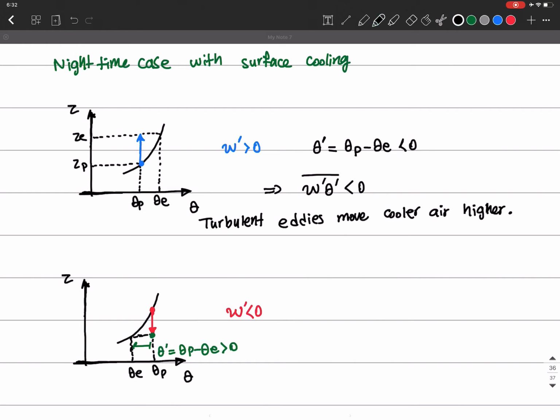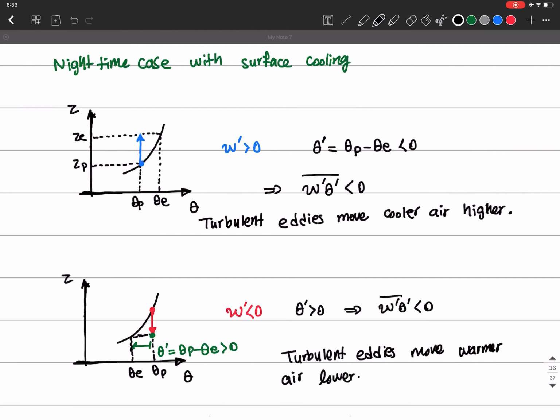So theta prime is positive, and W prime theta prime is going to be negative here again. And this means that the turbulent eddies move warmer air lower. Okay.